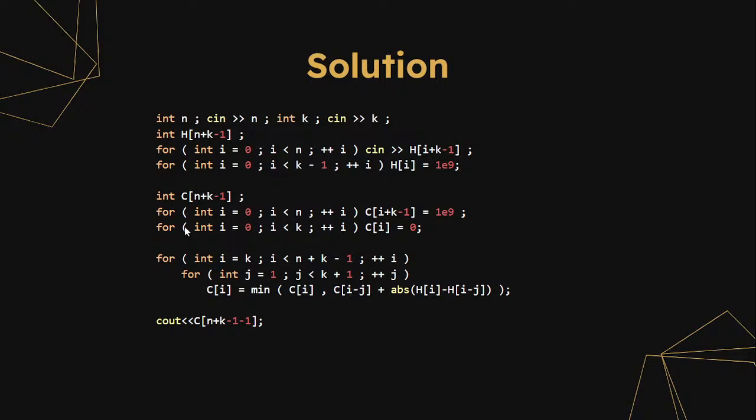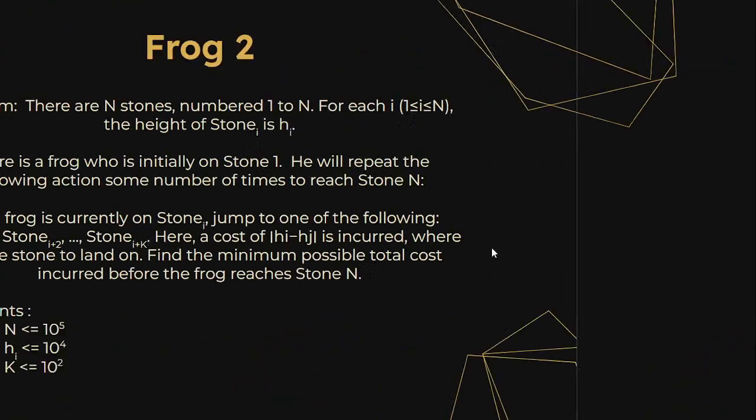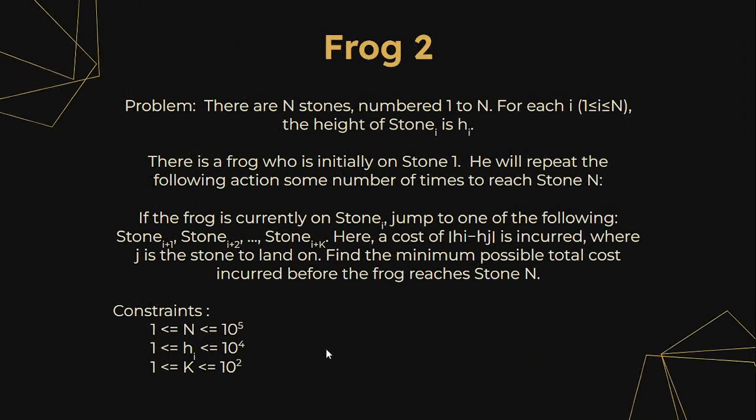Then I have simply initialized the cost as 1e9 for all the stones, because I know in the worst case the cost will be less than or equal to 1e9. Let's imagine an impossible case where for every jump I pay 1e4, even then my cost will be less than 1e9.